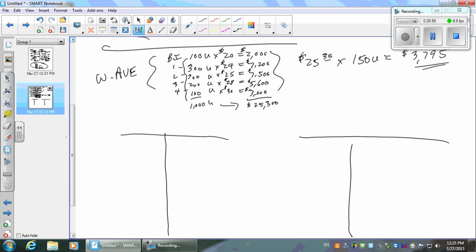Let's do perpetual LIFO inventory. This represents the inventory account, right, guys? Perpetual moving average inventory. Okay. Put in your beginning. Do each layer.